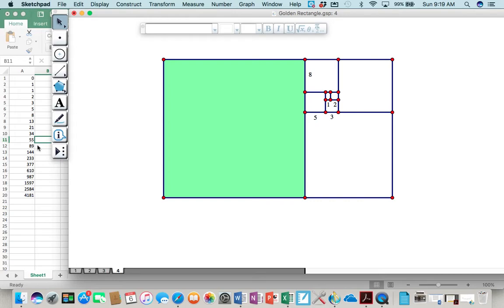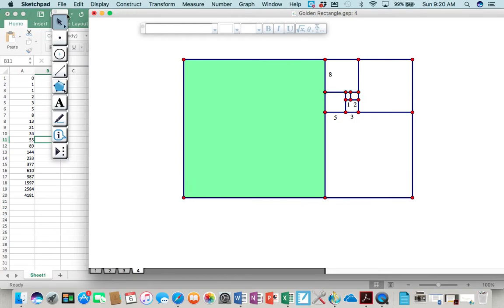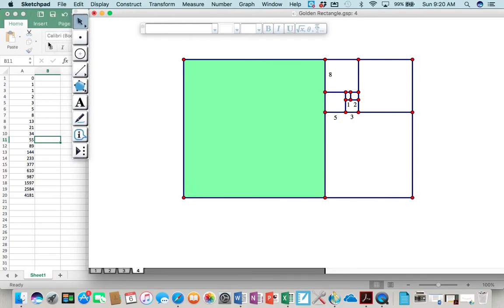Now, one of the cool things about this is that when we start dividing these numbers of the Fibonacci sequence, you end up becoming closer and closer to the golden ratio. So let's do the division over here in Sketchpad.